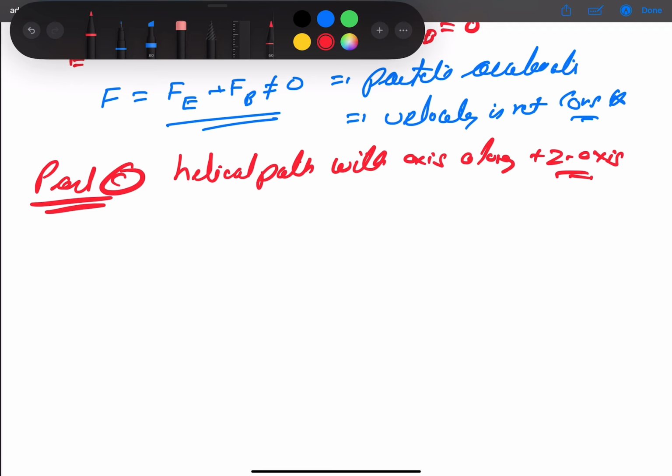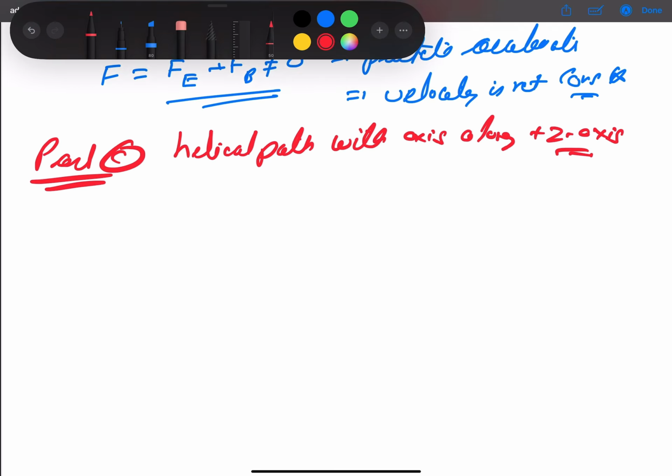So let us find out. The velocity will have components, one perpendicular and another parallel, and the helical path axis should be plus z.